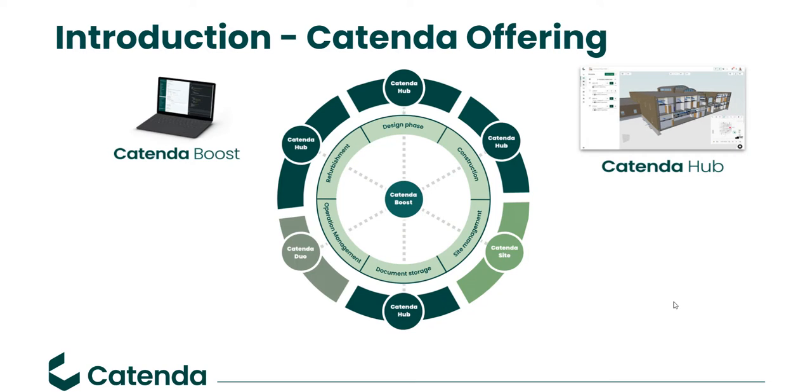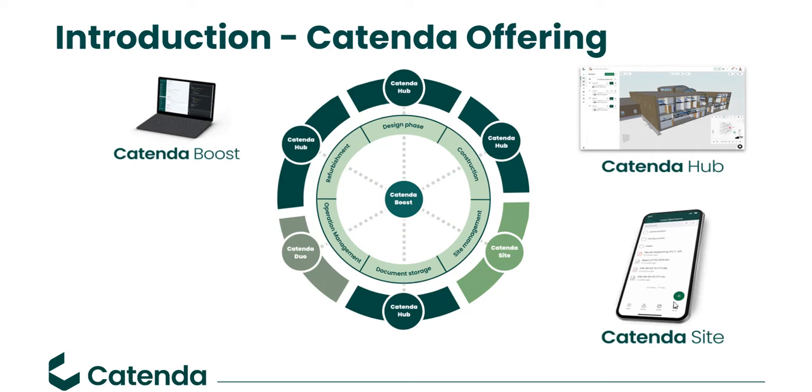The main focus today will be on Catenda Hub and this connection to Revit. Catenda Hub covers the design phases, the construction phases, obviously also the refurbishment phases. It acts as document storage, as a CDE, and helps you manage not only documents but models as well as the complete project communication.